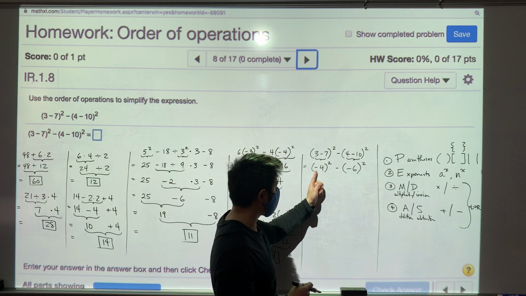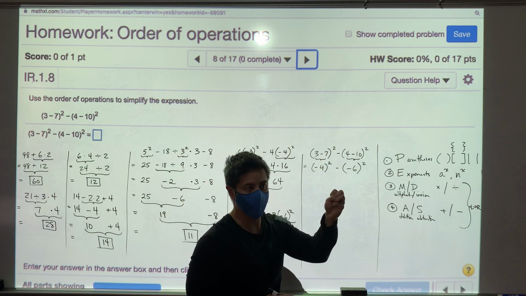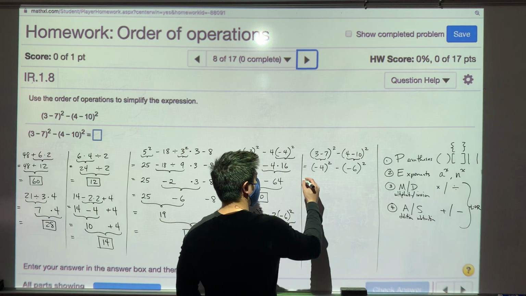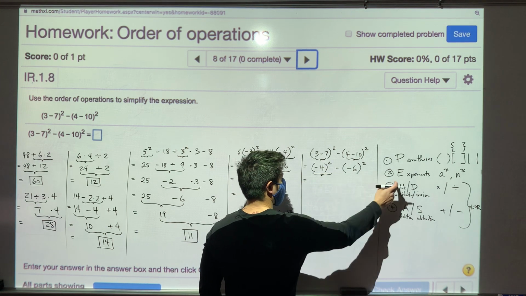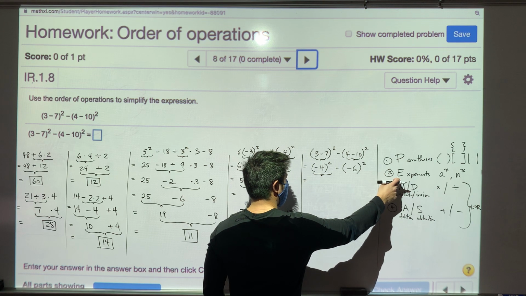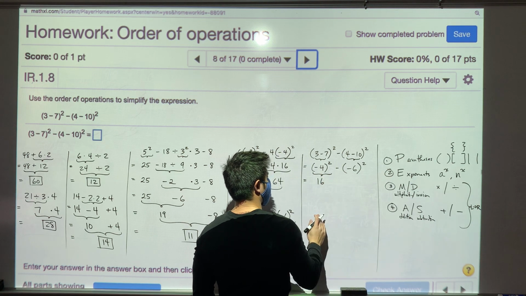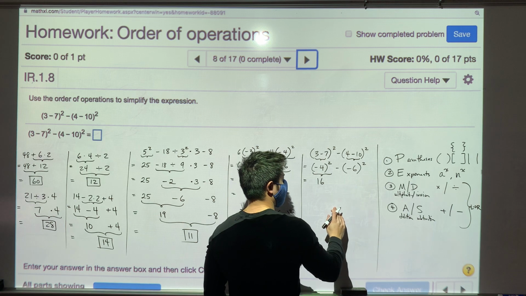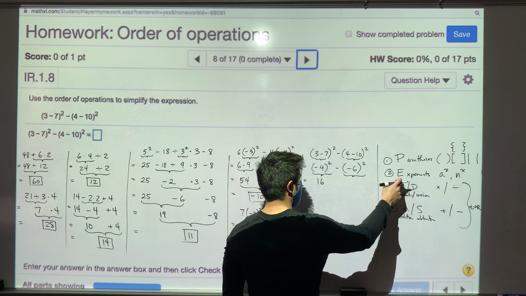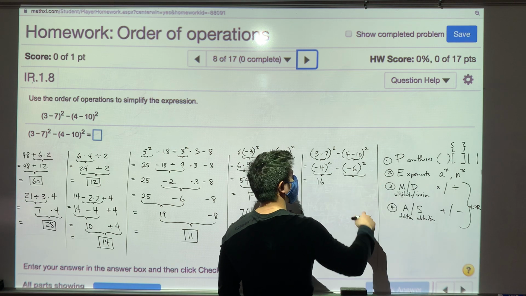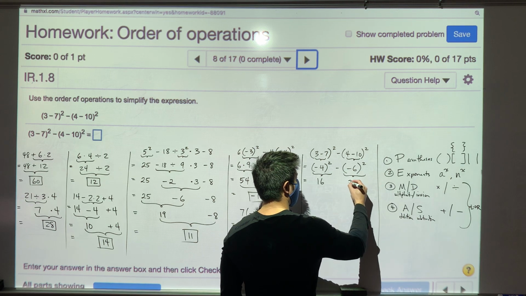I know that the entire negative 4 needs to be squared. Because negative 4 times another negative 4, when I now do the exponent step, is a positive 16. And then the other one, a negative 6 squared, is a negative 6 times another negative 6, which is positive 36.